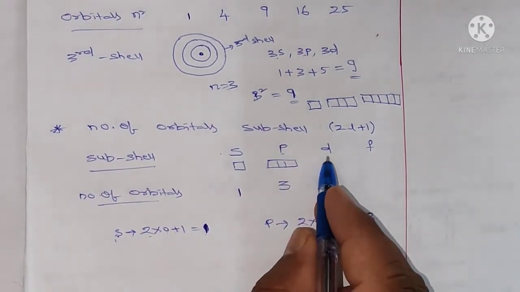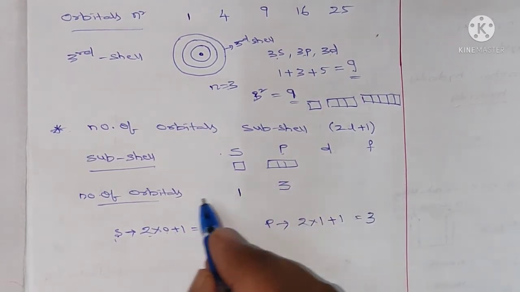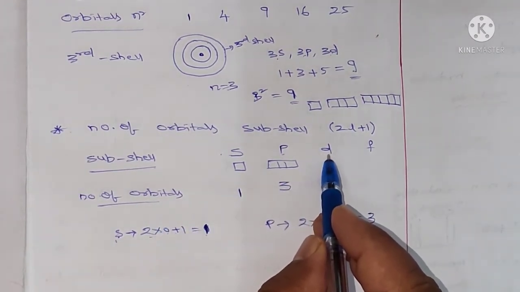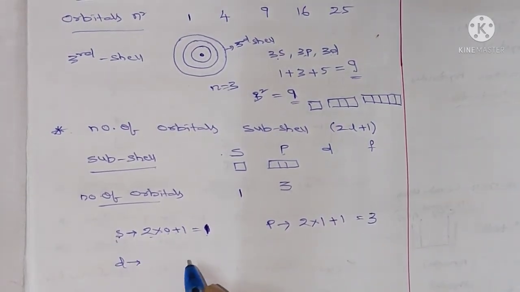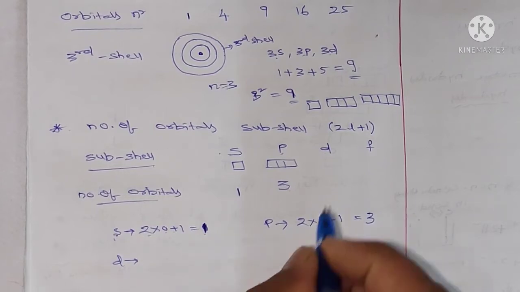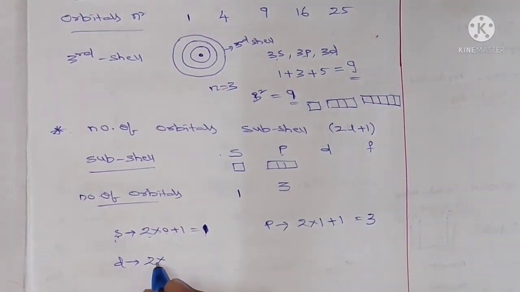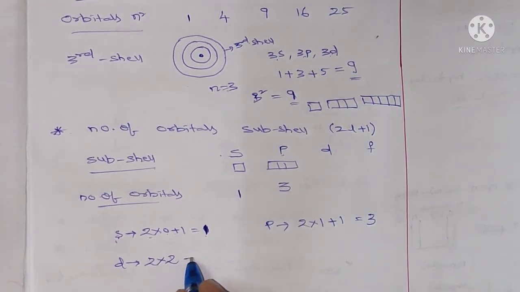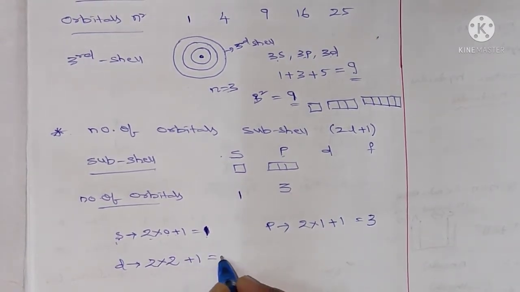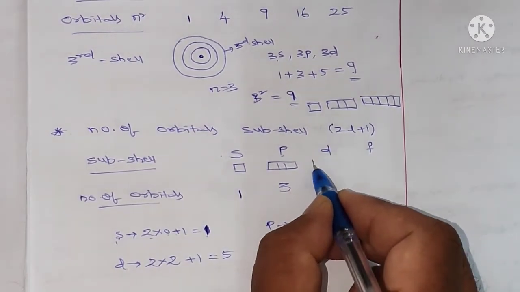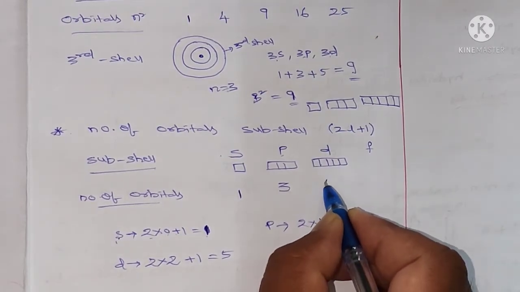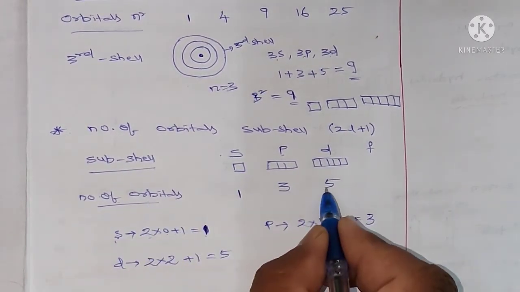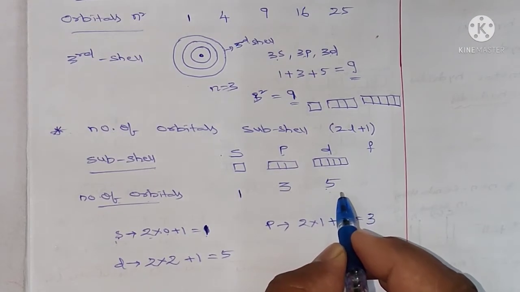And the number of orbitals in the d subshell, according to this formula, is 2 into the l value for d, which is 2, plus 1, equal to 5: 1, 2, 3, 4, 5. So the total number of orbitals present in the d subshell is 5.